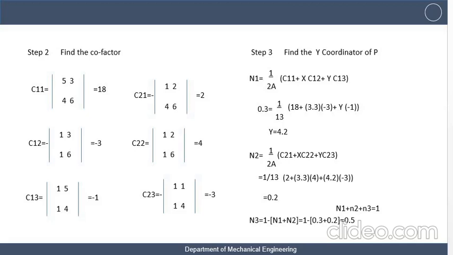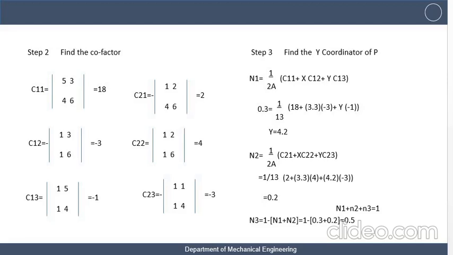A similar procedure for C21: 6 minus 8, you get minus 2, and with the sign change it is positive 2. For C23, 4 minus 1 is 3, and the minus sign makes it minus 3. Similarly, you have to calculate the remaining cofactors.